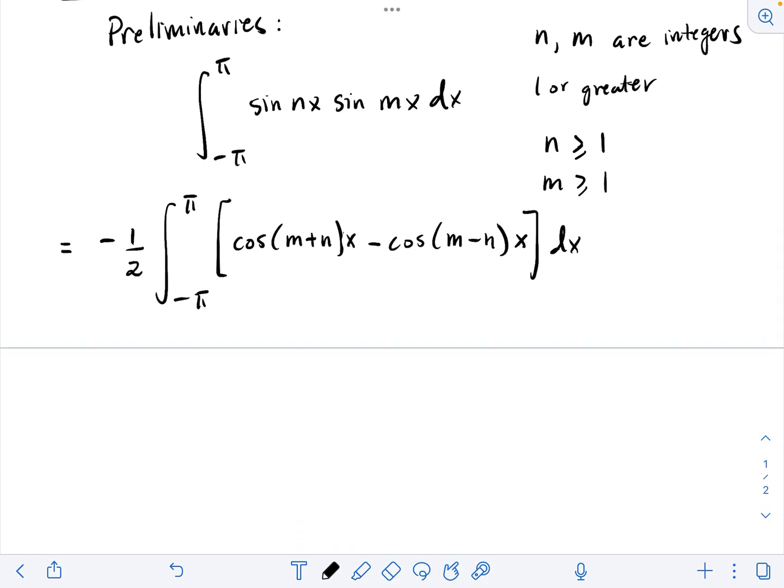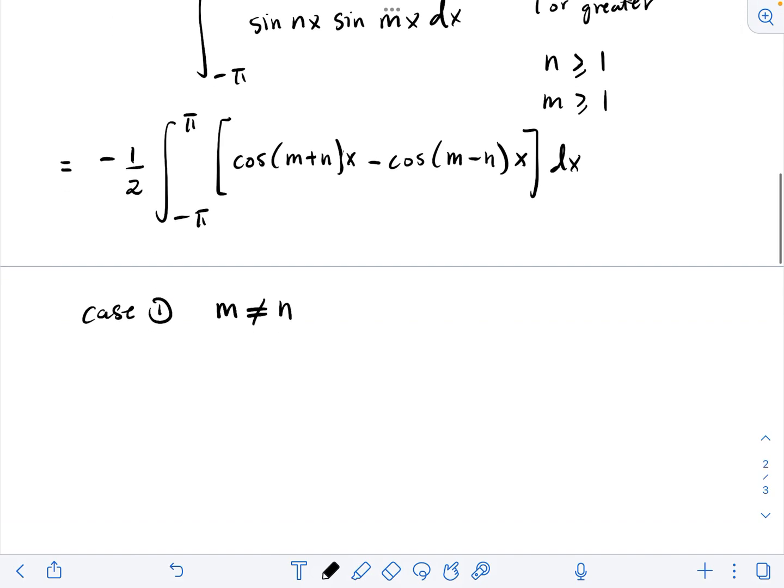Okay, so now we're going to have to consider two cases. Case 1, which we'll start with, is that m is not equal to n. Okay, so when we do the integral, we'll get a minus 1/2, and then we'll get a 1 over m plus n.